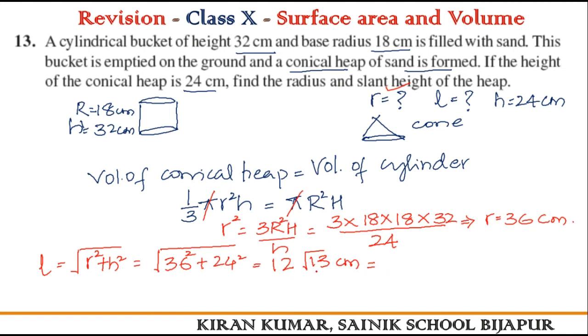On finding the value of root 13, it is 3 point something, 3.61 approximately. So 12 times 3.61, it's approximation. We get approximated slant height as 43.27 centimeter. So 43.27 centimeter is slant height and the radius is 36.